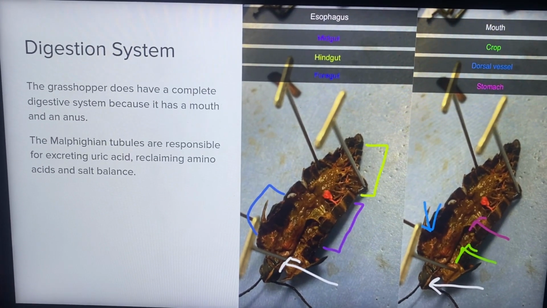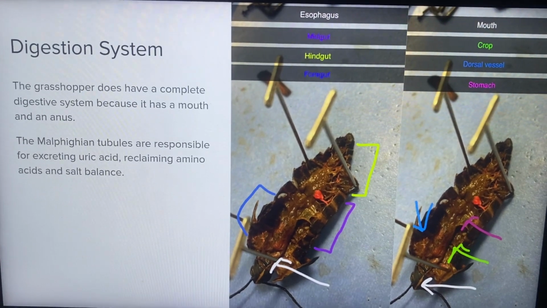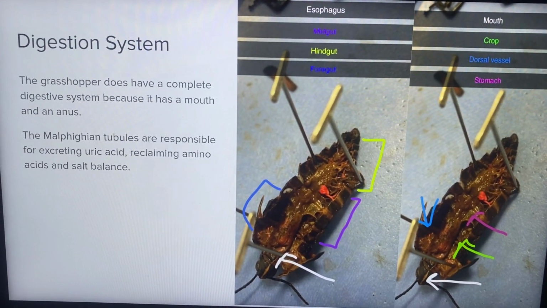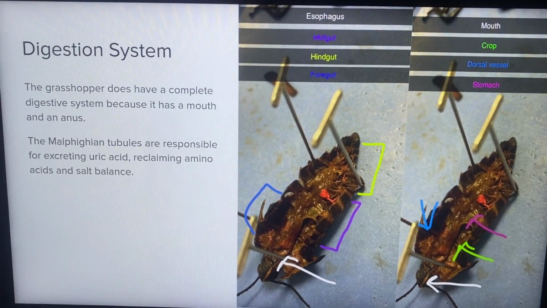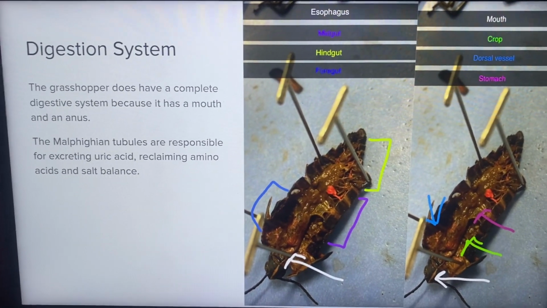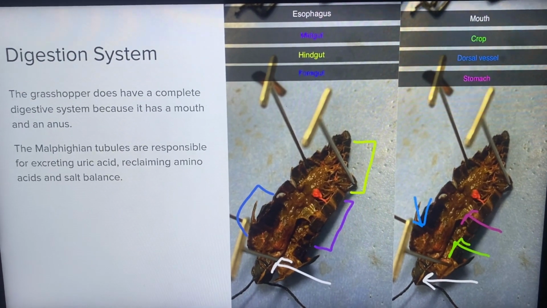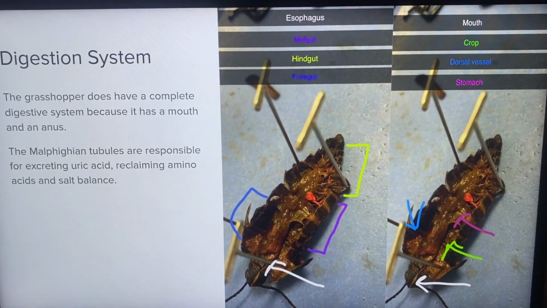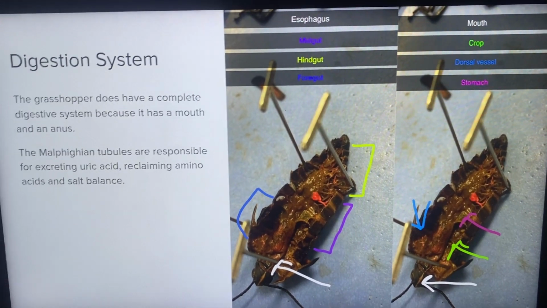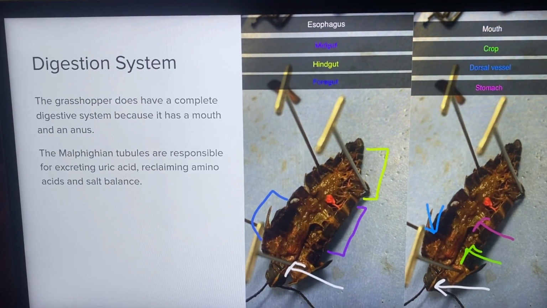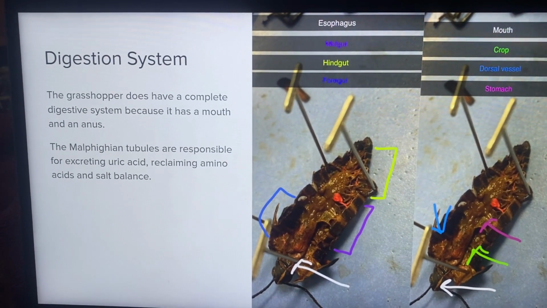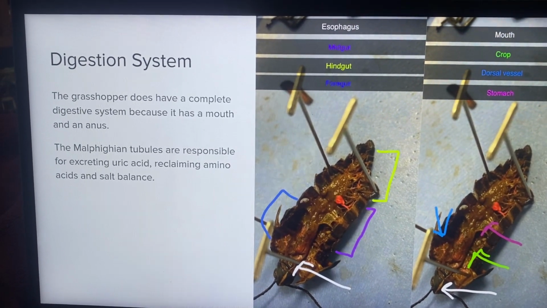And due to that, the earthworm eats the dirt, goes through the body, it pushes it through due to it constantly moving, and then out through the anus, while a grasshopper goes through the esophagus to the crop, then to the stomach, which is then digested down and then expelled to the anus. While both are the same, it's a bit more complex in the grasshopper than in an earthworm.